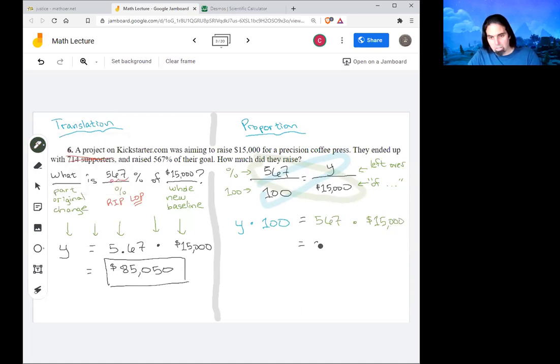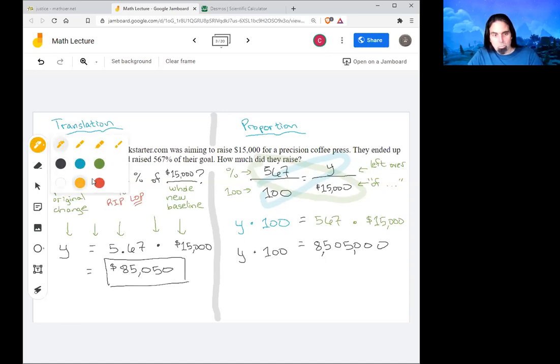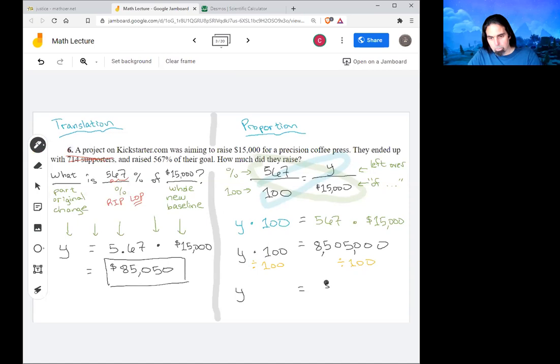That's going to be 85,050 with 2 more zeros. And we have something stuck onto y with 100. So we'll do division. And get back where we want.